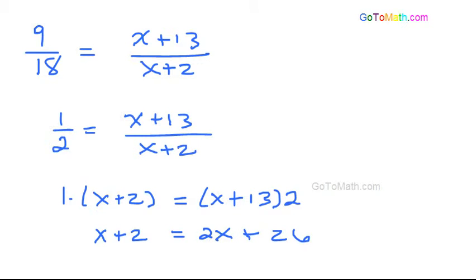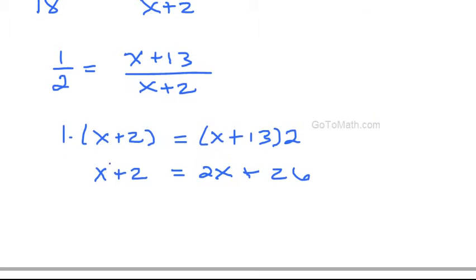Now we're going to want to take this x over to this side because it only has a coefficient of 1. Right? 2x minus x, and let's take this 26 over to the left, and so that'll be 2 minus 26. Remember, it's just the opposite of what this sign is when we move it to the other direction.